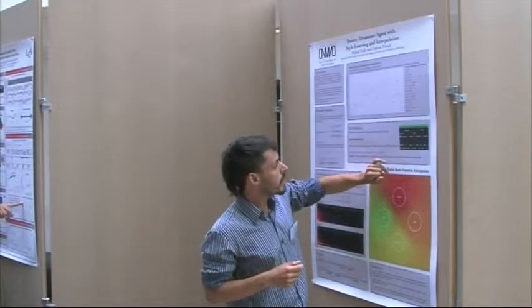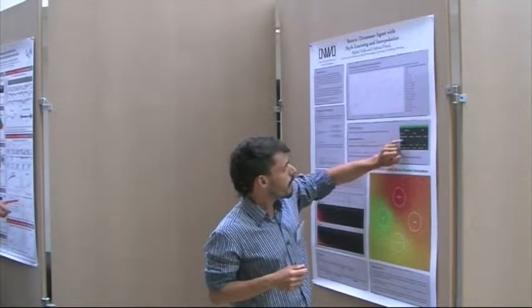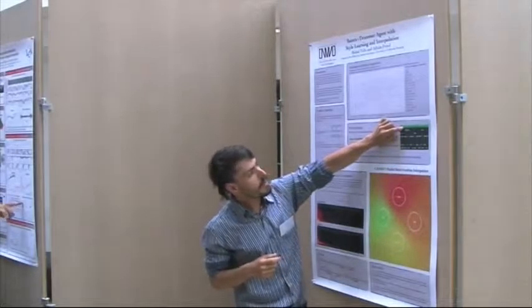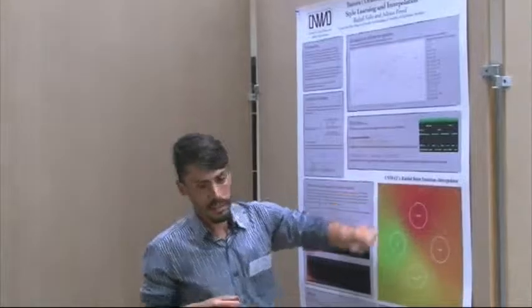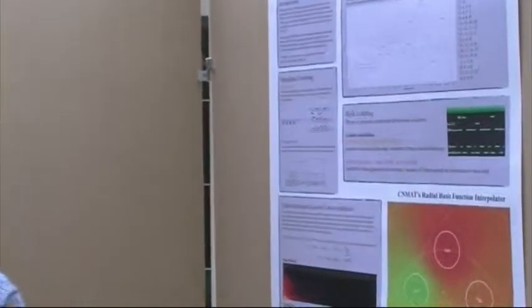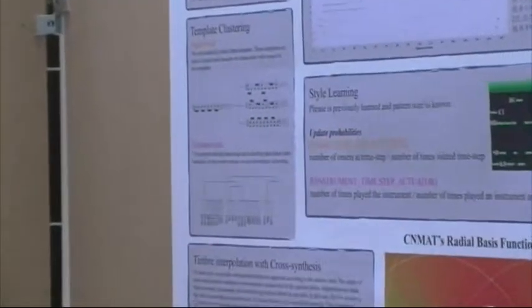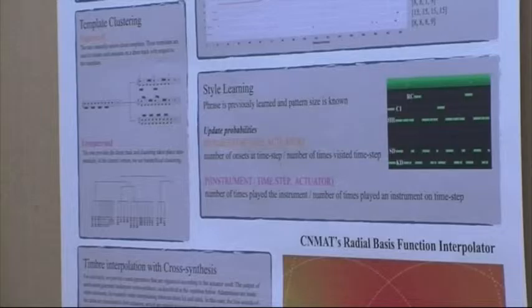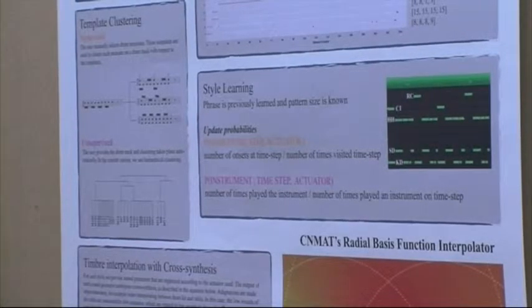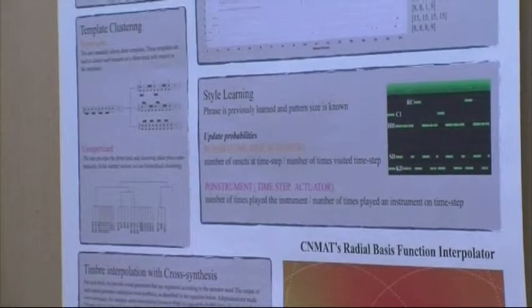Let's see if I find a better example. Oh, right here is better. At 3.5, there's always a hi-hat being played. So whenever we go to 3.5, there's a hi-hat. If it was always a hi-hat, we know with 100% probability there's going to be a hi-hat there.